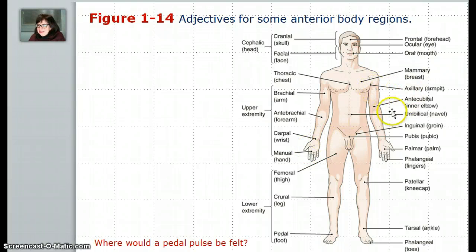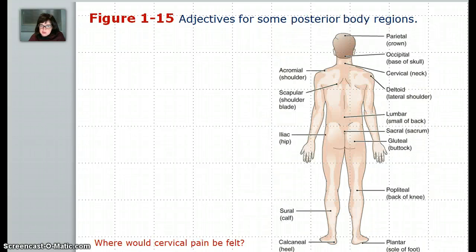Axillary is the armpit. Antecubital is the inner elbow. And quite often, once you look at injections, you have injections in your antecubital fossa, which is the area at the front of your elbow. Inguinal is the groin. Notice it goes more towards the groin. This looks a little high. And those ones pretty much make sense. Please memorize all of these, or even better, associate them with words you know.